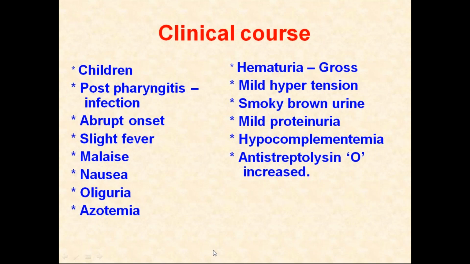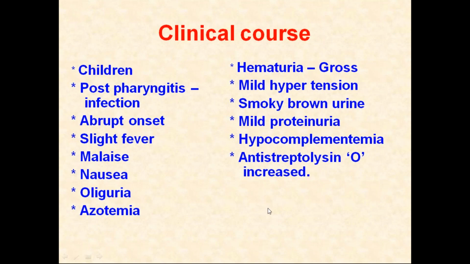There is mild hypertension, smoky brown urine, mild proteinuria, hypocomplementemia, and an increase in anti-streptolysin O. This is also very important.